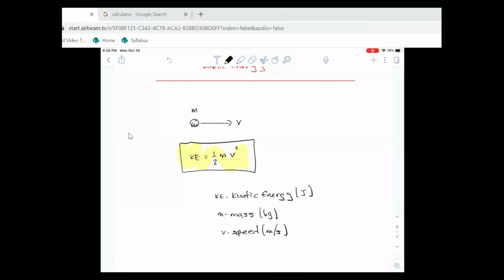It accelerates, right? So what that means is the kinetic energy of the ball is going to go up. The faster the ball moves, the larger the kinetic energy is. The slower it moves, the smaller the kinetic energy is. So kinetic energy is going to be directly proportional to the speed. Faster it moves, larger the kinetic energy is. Slower it moves, smaller the kinetic energy is.